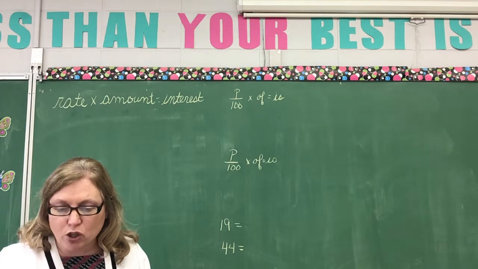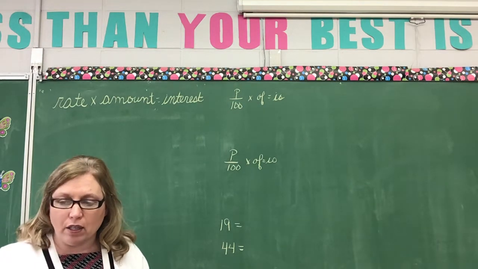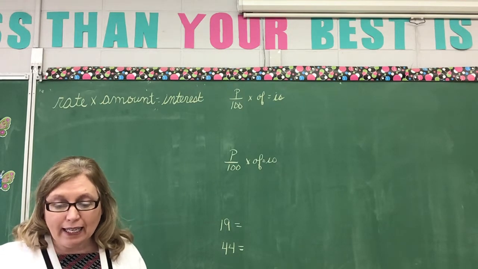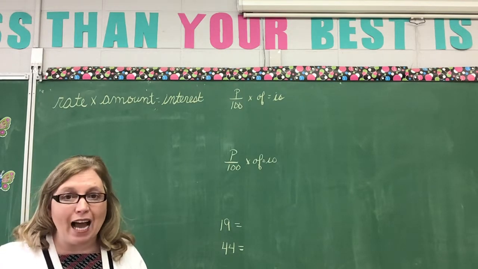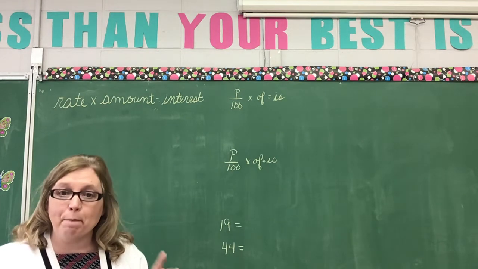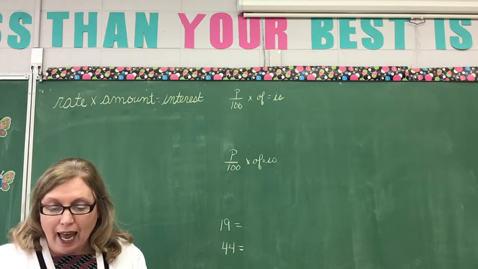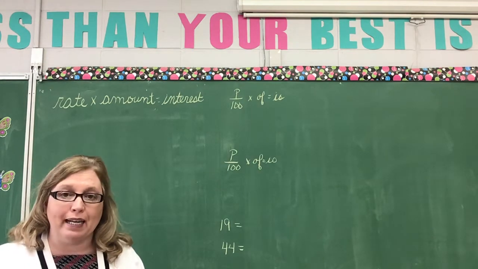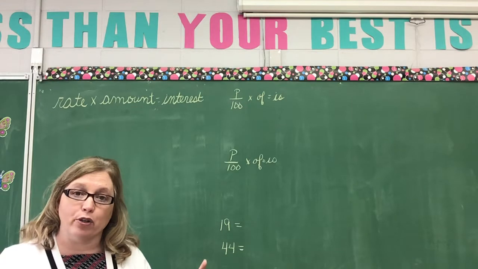Right now, I want you to look at number 5 on lesson 111 in your problem set. It says, Akeem put $15,000 in the bank at 10% simple interest. How much money did he get when he withdrew his money after 3 years, okay?